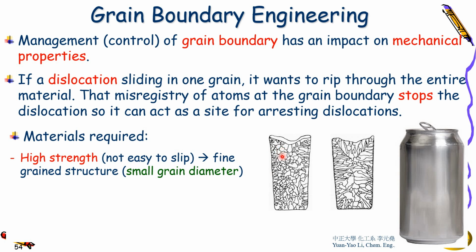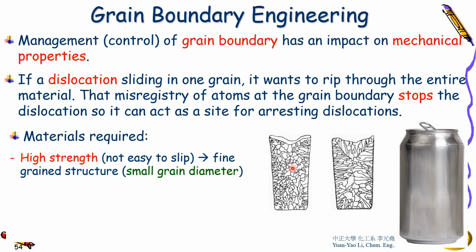And these spaces will stop to slip. Okay, so this material is not easy to slip, because you have a lot of small grains, and between small grains there are many spaces.